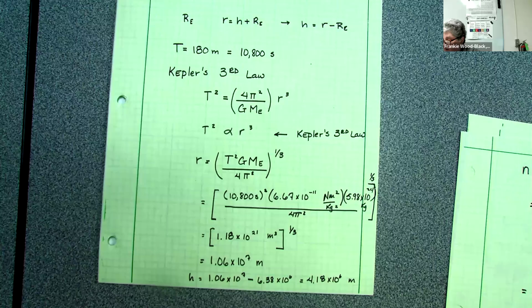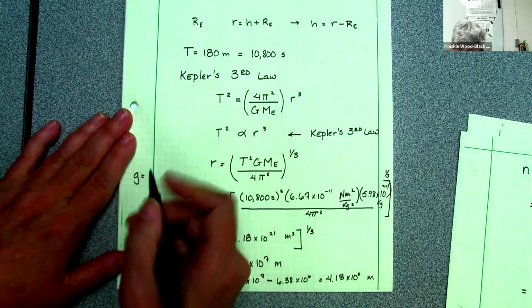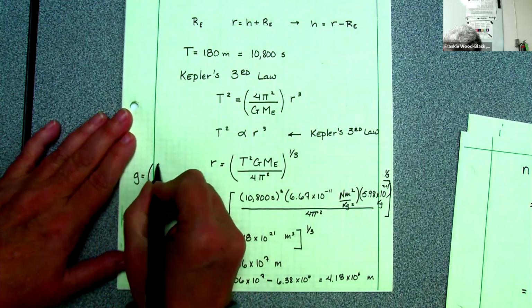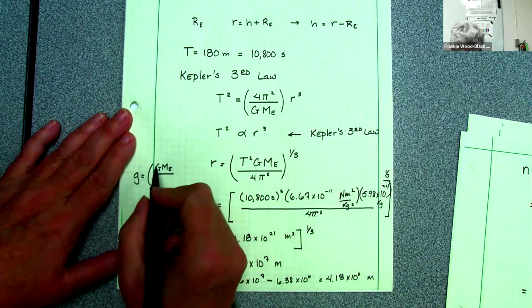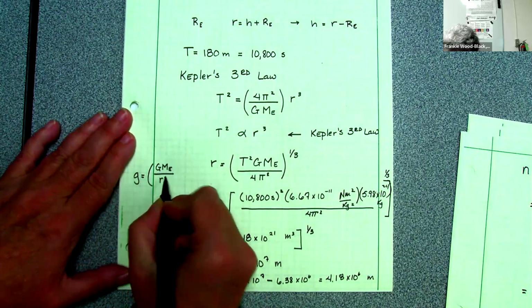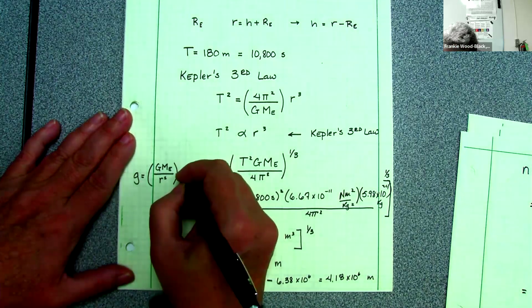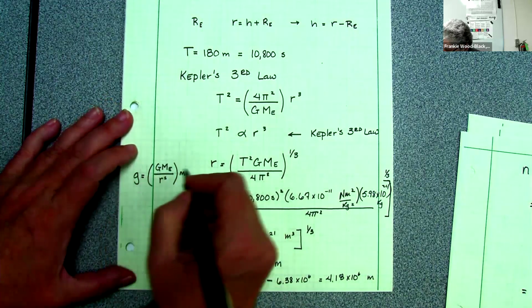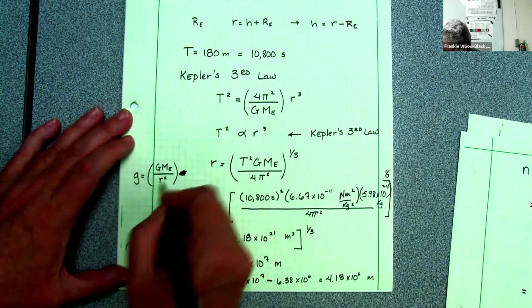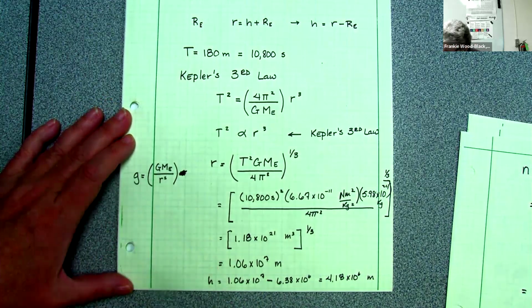And then if you want, you can calculate g, because g is going to equal the gravitational constant times the mass of the Earth divided by R squared. So you can calculate g, or you can calculate the force due to gravity out there.